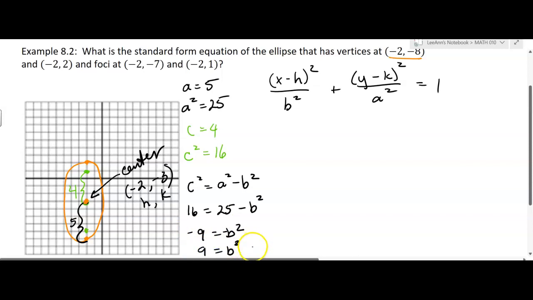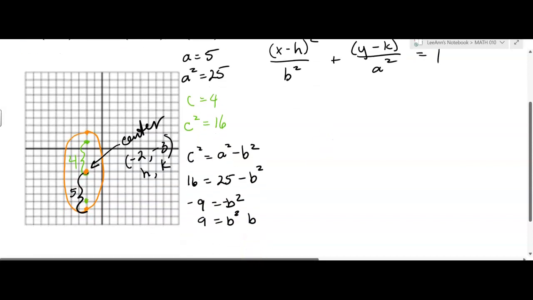So b is actually 3. If I wanted to do this more accurately, it should have gone 1, 2, 3, and 1, 2, the other co-vertex is there. So the graph really should have looked more like this. Not so much football shape, but mine's kind of footballish.